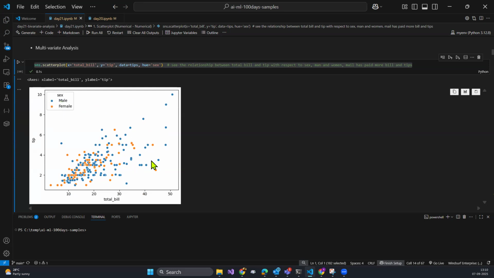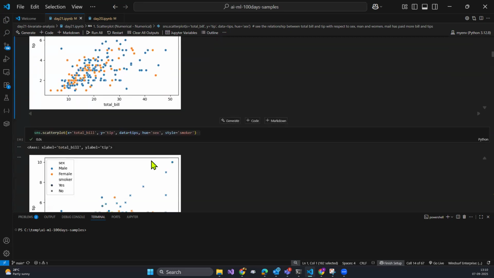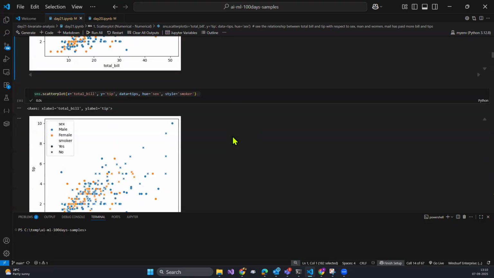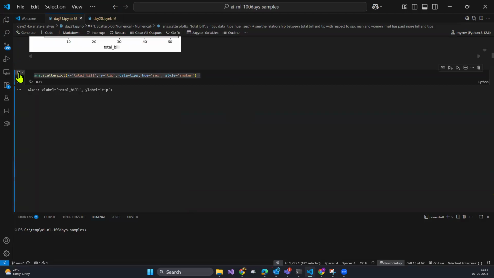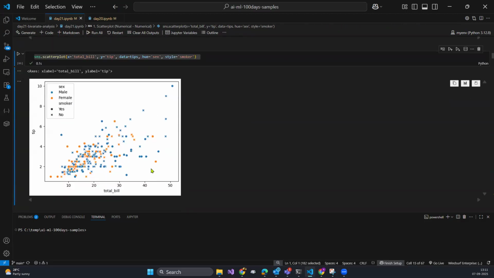By visualizing this data, we are able to do this. Second, if we would like to see the smoker, right? We can include who was a smoker. So in this data set, we use sex and smoker: the dot denotes a smoker, the star denotes a non-smoker.